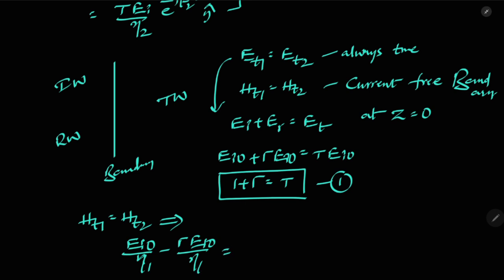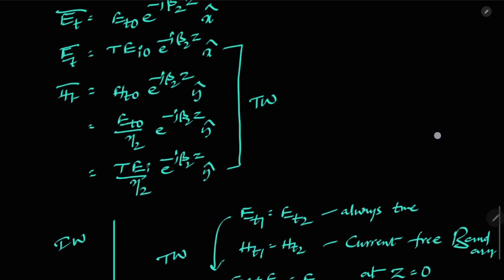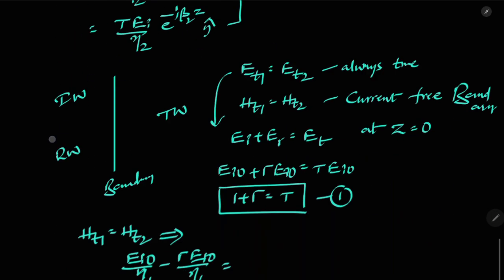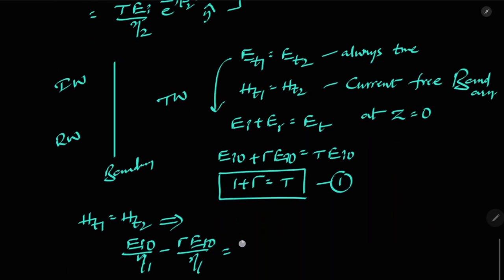It is equal to Ht2. Ht2 is nothing but tau into Ei naught by eta 2. You can take Ei naught common and it will be cancelled. So what will we get? 1 minus gamma by eta 1 is equal to tau by eta 2.